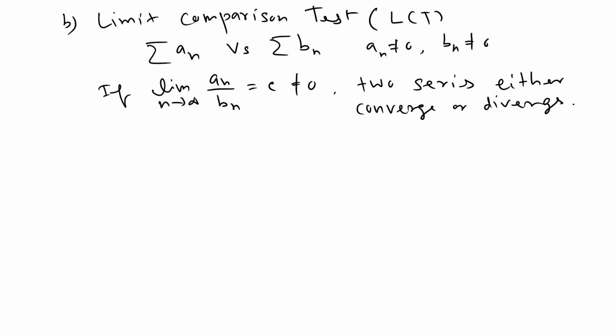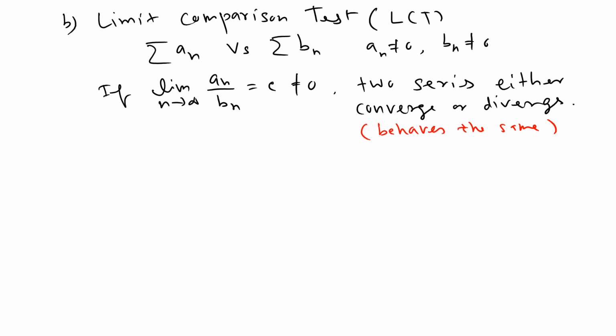Okay, that's the whole point. So this is a very powerful test. And how we normally remember this one: it behaves the same. That's what the limit comparison test means. Behaves the exact same way. One diverges, the other one diverges. One converges, the other one converges.